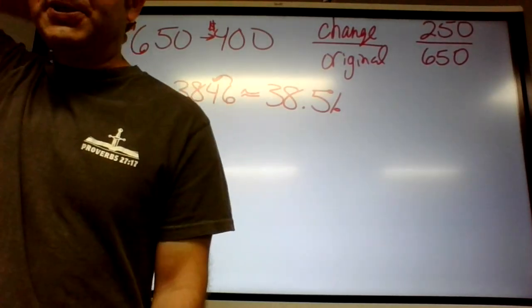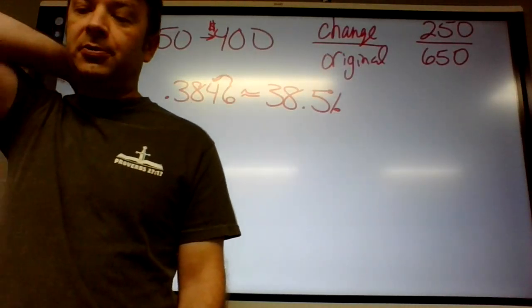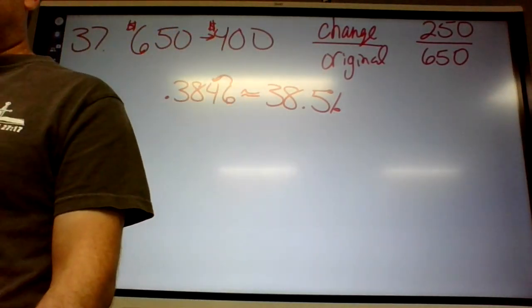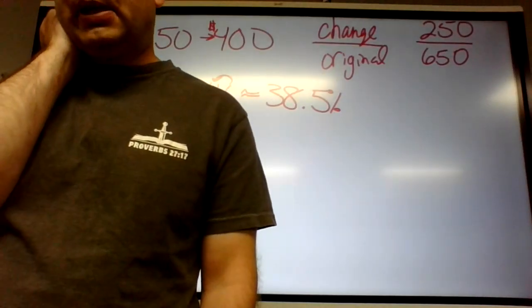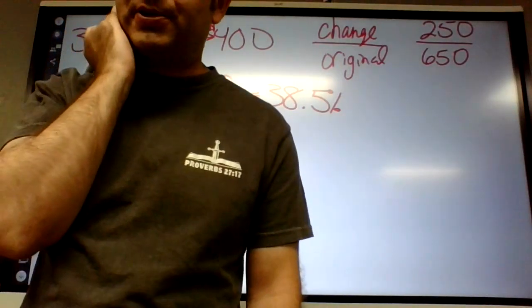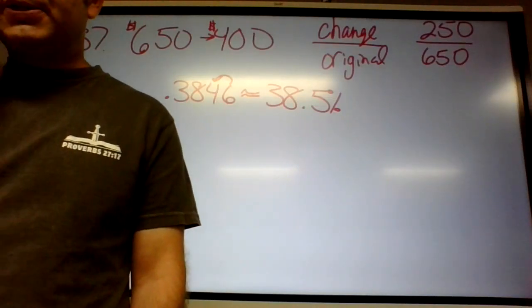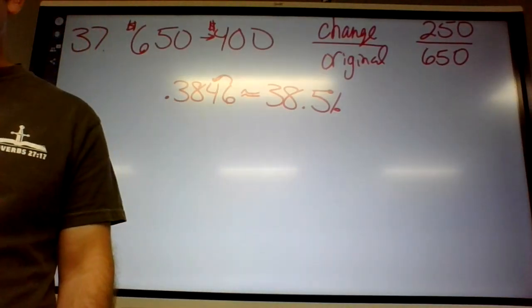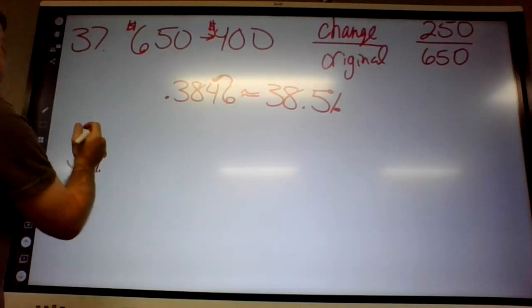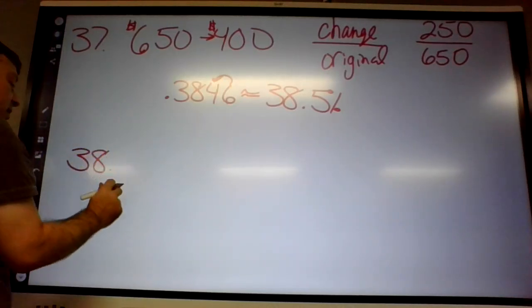38. The retail price of a suit was $719, so the normal price was $719. It was reduced 33%, and then later reduced an additional 67%. Wow, that's a lot of dropping. What was the price after both reductions? What was the total? That was a tough one. All right.